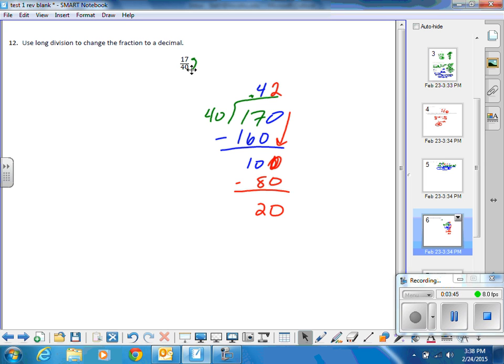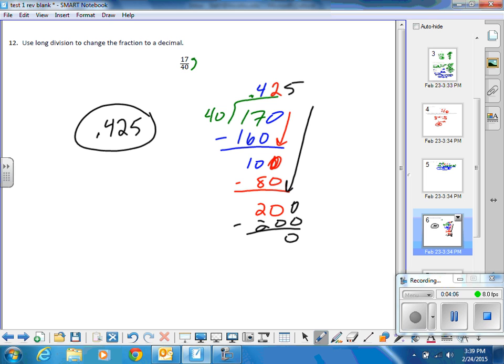Okay, 40 can't go into 20, so I need to drop down another 0, make that 200. 40 goes into 200 5 times, alright? 40 times 5 is an even 200, and I have a remainder of 0. So my answer is 0.425.